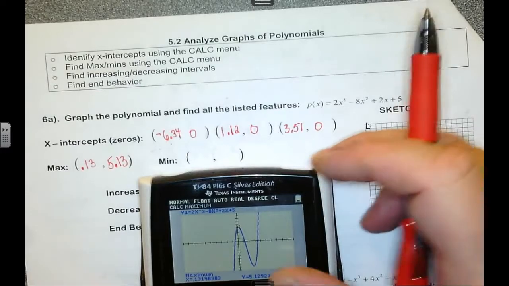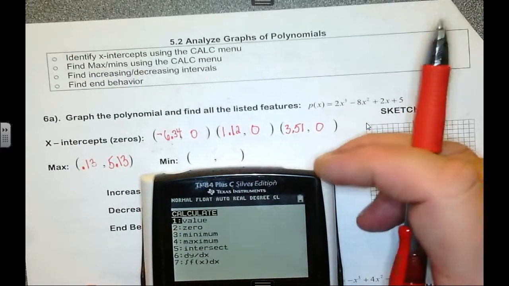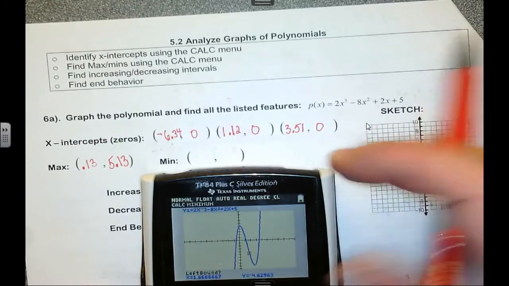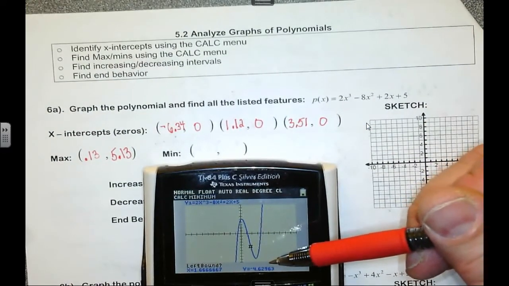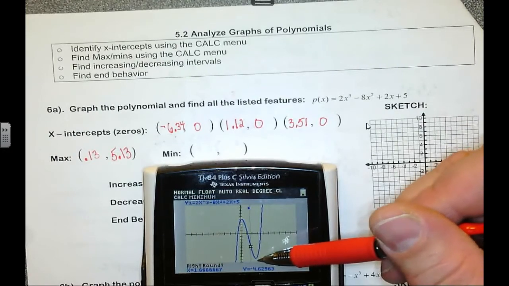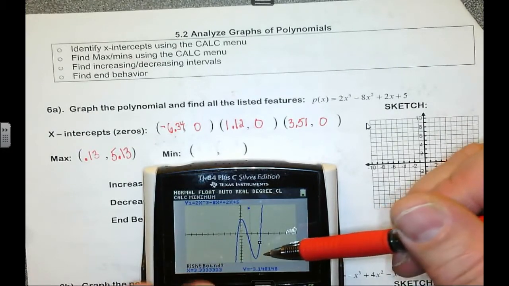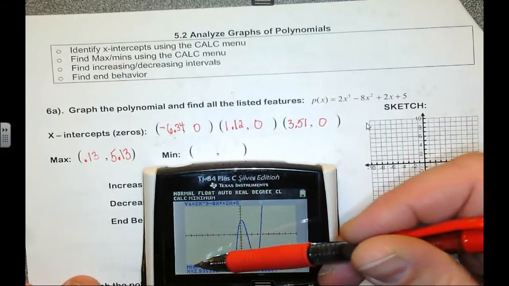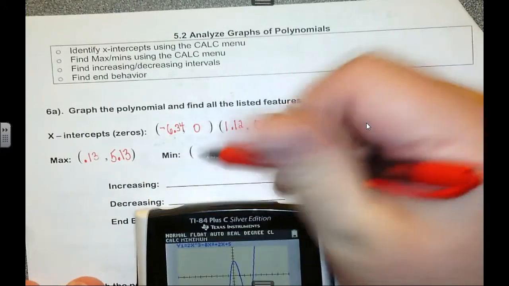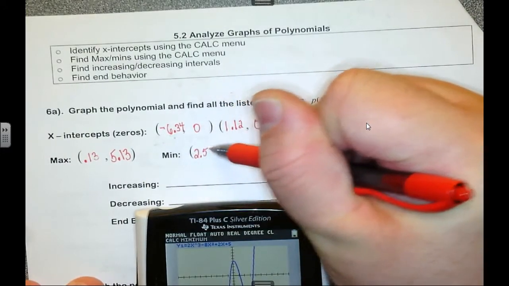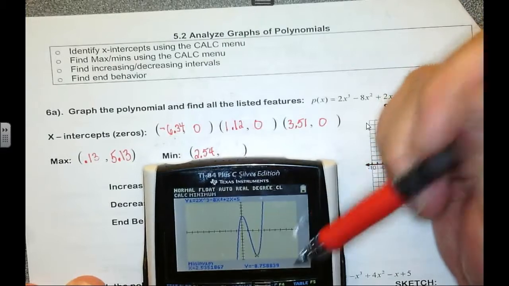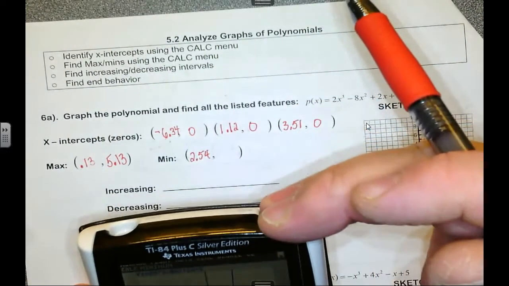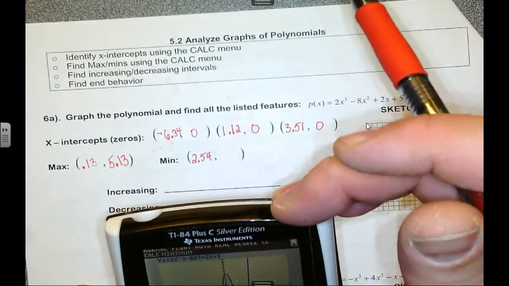Minimum, second trace, minimum, left bound, left to this point, enter, right to that point, enter, enter again. My minimum is 2.54, negative 8.76.